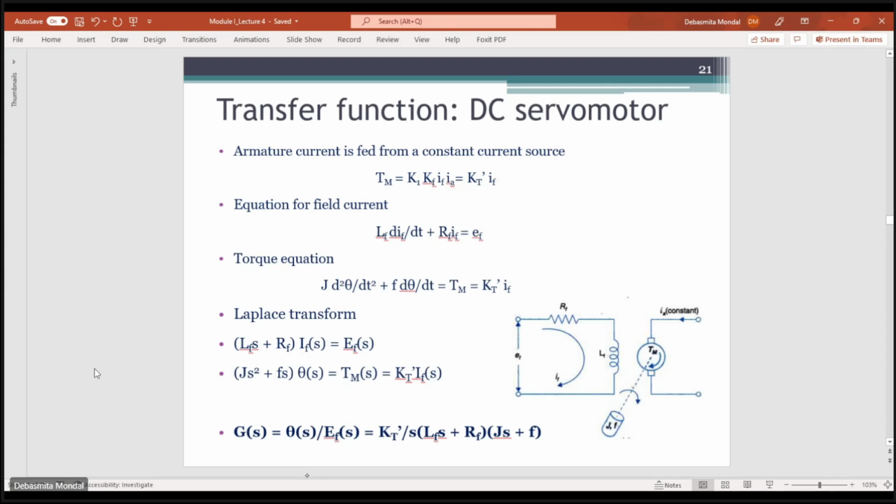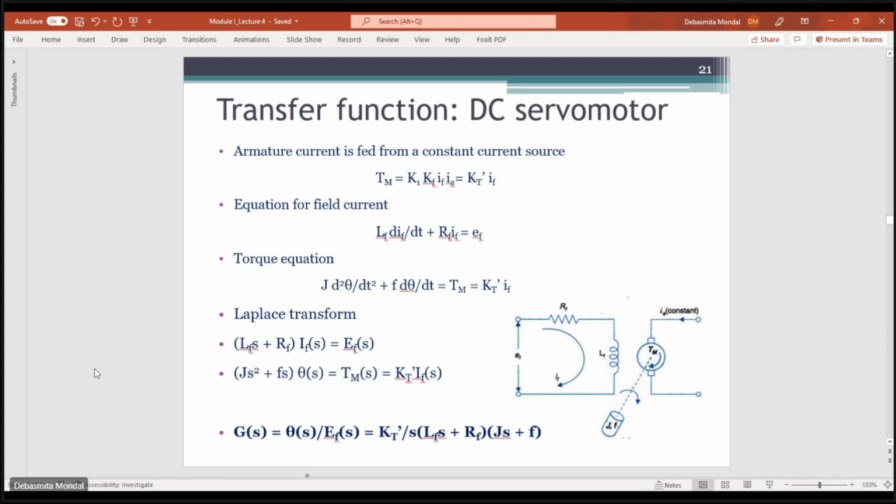In the previous case we saw that the torque was proportional to the armature current since the field current was constant. In this case the armature current is constant, however the field current is varying, so the torque generated by the motor is proportional to the field current.